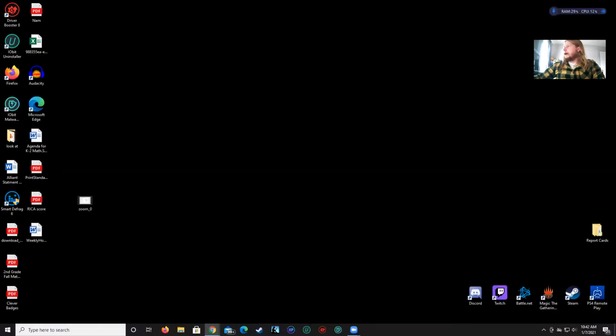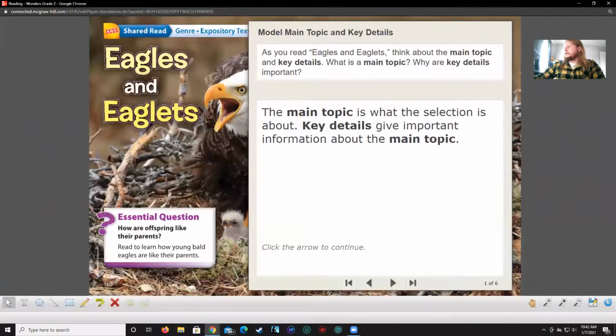Now we're gonna talk about main topic and key details. So the main topic is what the text is mostly about, and the key details are the important facts and information you tell about the main topic.